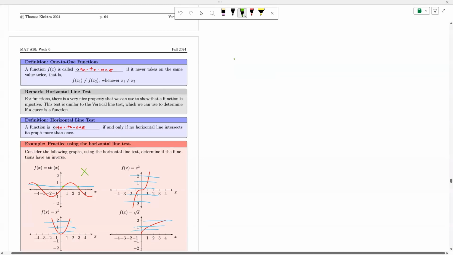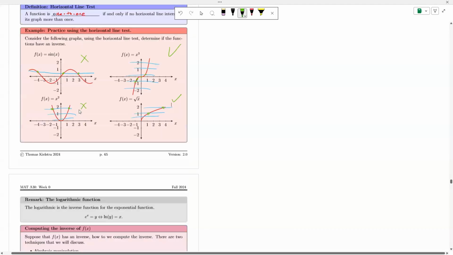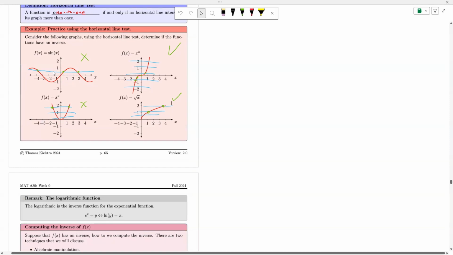Oh, it's more than once. No. But here, no matter where we touch, only once. So this is one-to-one. Here, I touch twice. This is not one-to-one. And then here, I touch once. So here, we have one-to-one functions, which are invertible, and functions that are not one-to-one, which don't have an inverse.